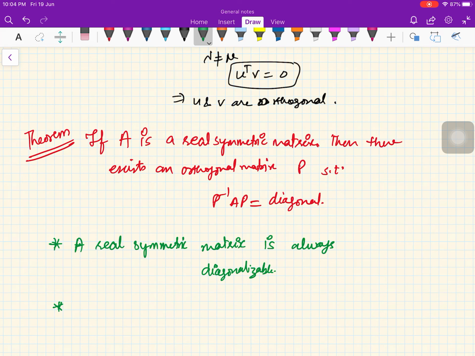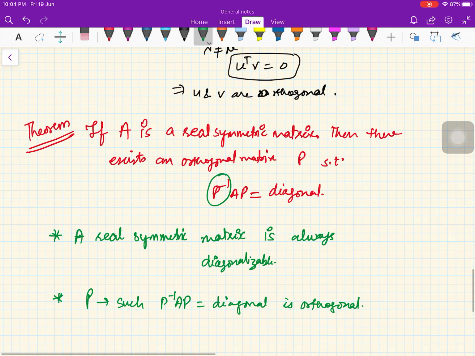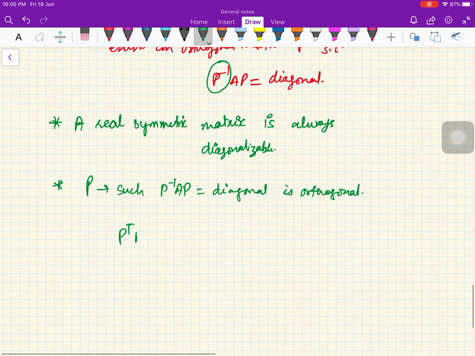Another thing is the matrix P which diagonalizes your real symmetric matrix A is orthogonal. Now you see, orthogonal means P transpose P is identity, which means that P transpose is P inverse. So you don't have to compute this inverse, just write the transpose.